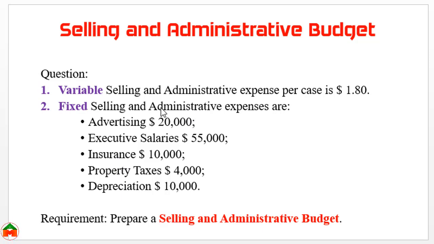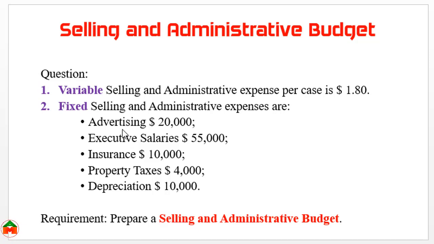I would like to remind you that all the non-manufacturing expense should be shown in the selling and administrative expense, and in fixed selling and administrative expense we show all other non-manufacturing fixed expense. We can see advertising 20,000, executive salaries 55,000, insurance 10,000, property taxes 4,000, depreciation 10,000, and any other fixed expense should be shown here.